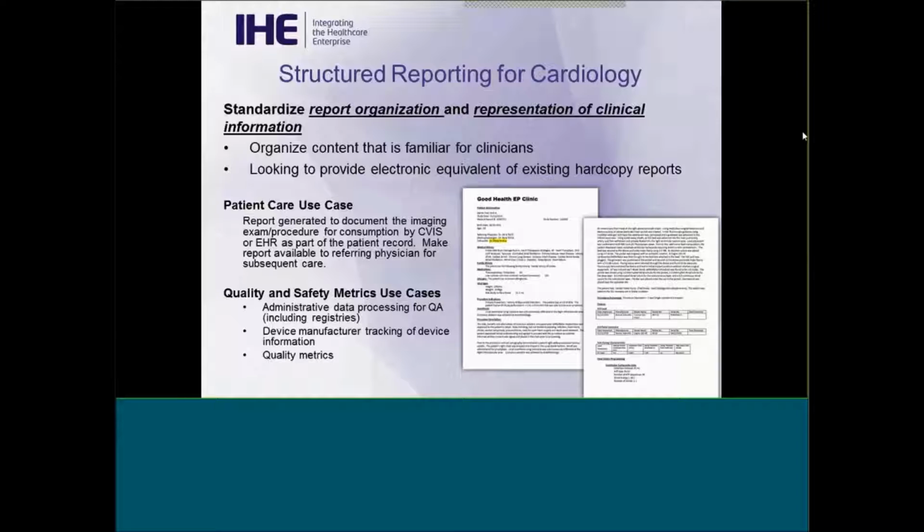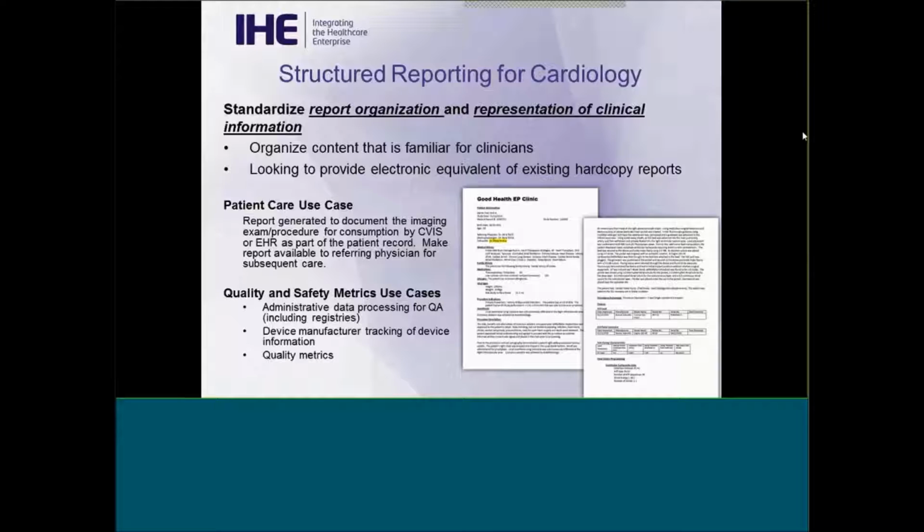So we want to organize the content such that it's still familiar to the clinicians as what they're experiencing today and where they would typically want to find it. So they're looking to, in effect, make an electronic form of those hard copy reports that we're used to seeing.